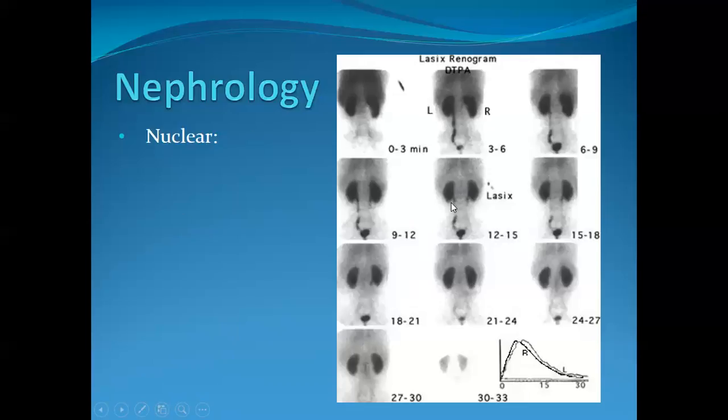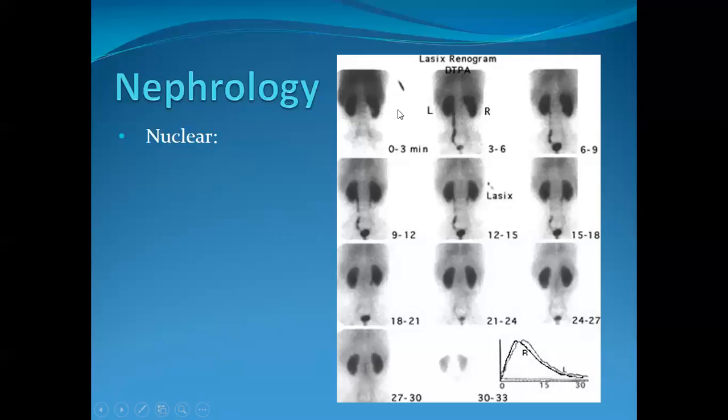Nuclear medicine is a great subspecialty, and it's really good at giving you a lot of information that you can't get other places. Not only can we evaluate the concentration and function of the kidneys and the excretion of the kidneys, but we can also make sure that the radioisotope is being given equally. So you'll see both of these kidneys light up at the same time on the initial exams.